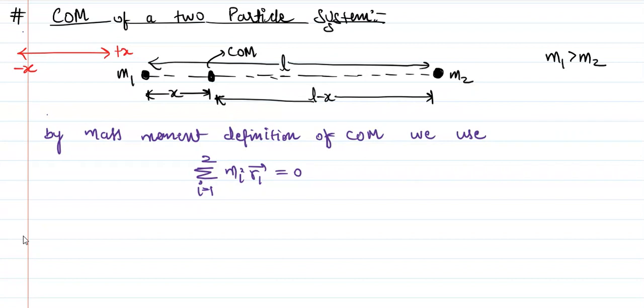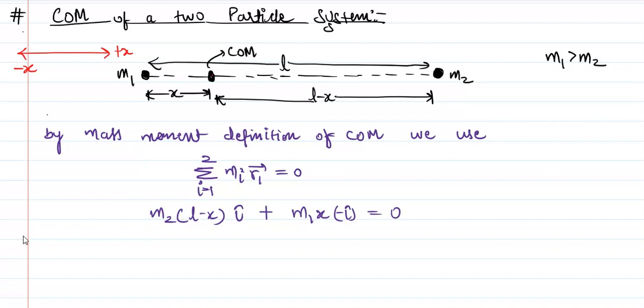Okay, so in this way the distance of m2 from center of mass is in positive x direction. That means m2 multiplied by L minus x i cap plus m1 multiplied by x into minus i cap is going to be 0.